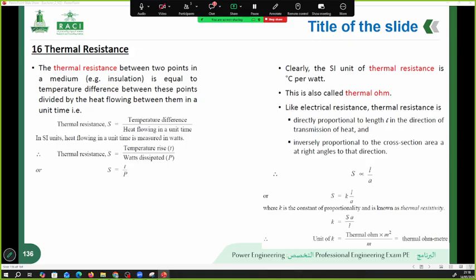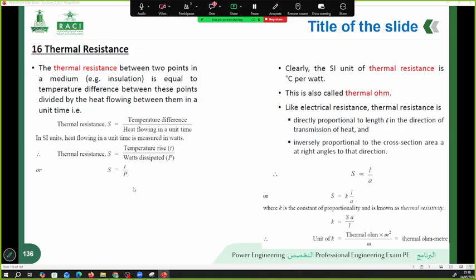It's defined as the ratio of the temperature difference between two points to the rate of heat flow between them. So S is equal to the temperature difference over P, the power dissipated as heat, measured in watts.